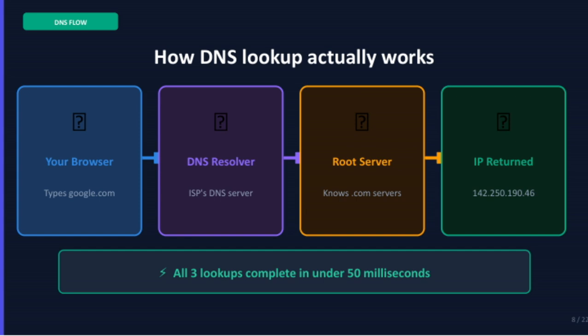From there, the process continues with the DNS resolver, which asks the appropriate servers until it finally retrieves the IP address. In this case, 142.250.190.46. And all of this happens seamlessly and in a blink of an eye, usually in well under 50 milliseconds.